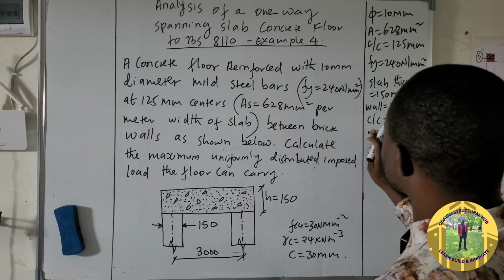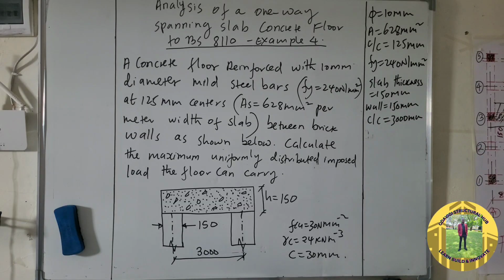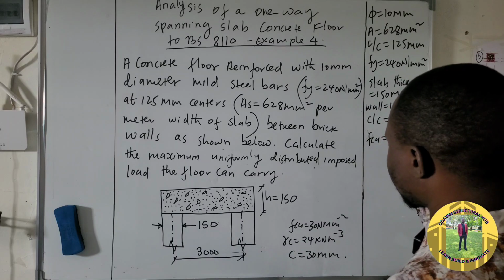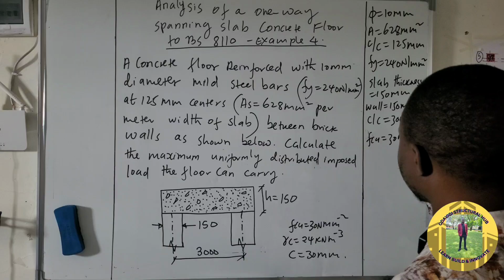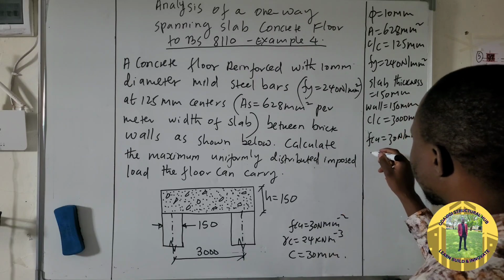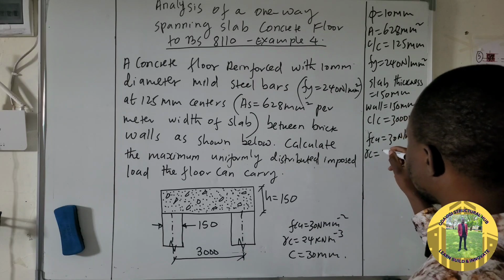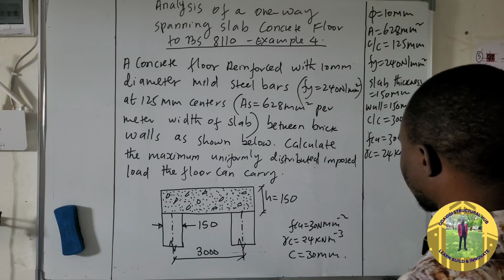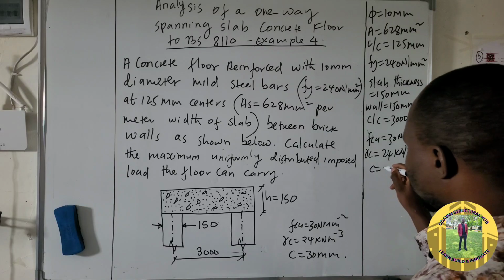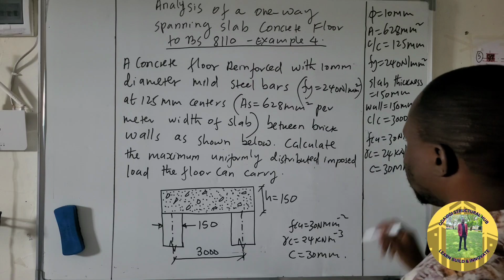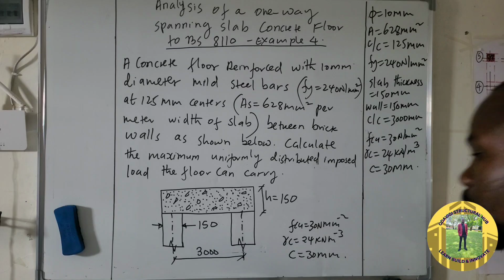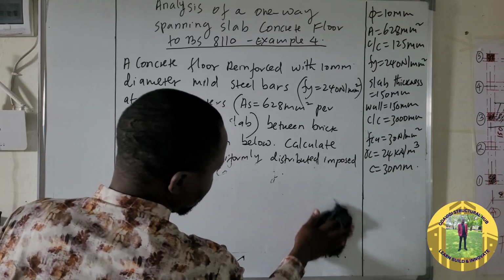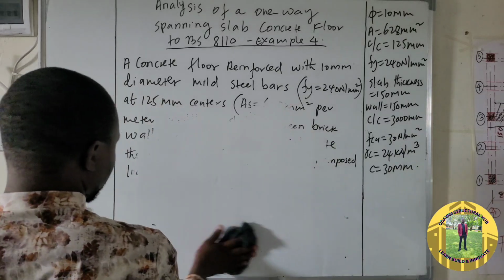And fcu is equal to 30 Newton per millimeter square. Unit weight of concrete is equal to 24 kilonewton per meter cubic. Cover is equal to 30 millimeter. By doing so, I can comfortably rub here so that we can continue solving our problem.